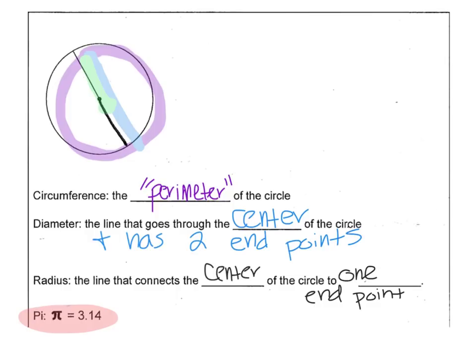You start off like an H, and then you give it a squiggly top. Pi is equal to approximately 3.14. So anytime you see pi, I want you to substitute this in. So pi equals 3.14. Just an important note.